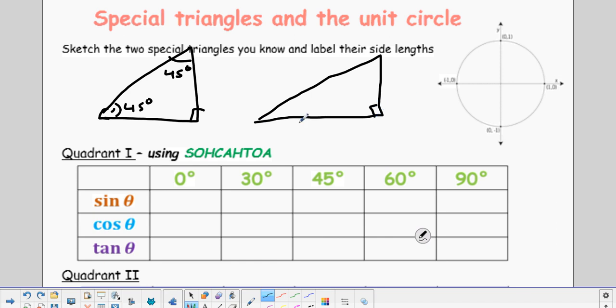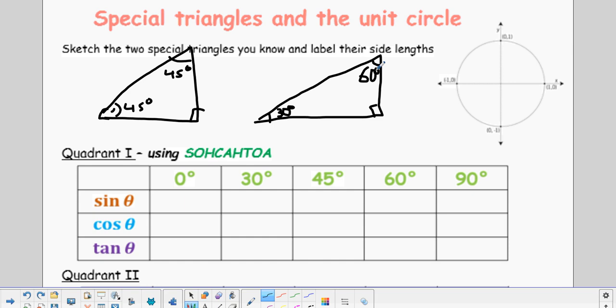And this one is 30. I draw it exaggerated so it's really obvious which one's 30 and which one's 60. Remember, the shortest side is always opposite the smallest angle, and the longest side is always opposite the biggest angle.